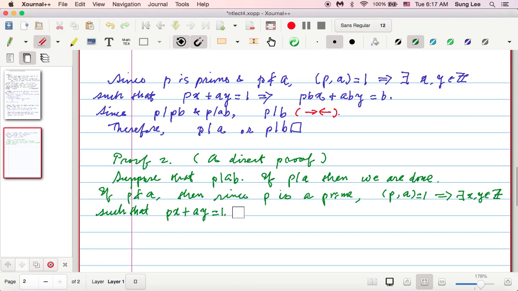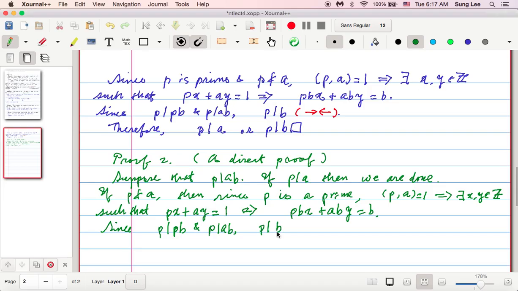To do that, I'm going to multiply this equation by B. So PBX plus ABY equals B. And since P divides P times B, obviously, and P divides AB by assumption, P must divide B. This is it.